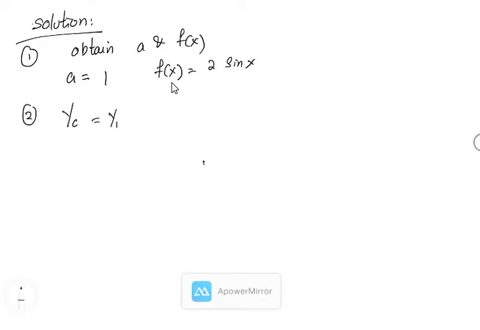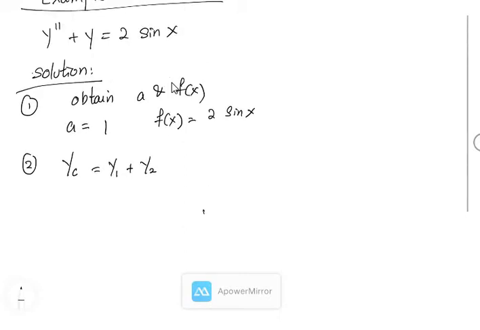So for the corresponding homogeneous equation, let yc equal to y1 plus y2. Based on the equation given, y double prime plus y, we assume it is homogeneous.